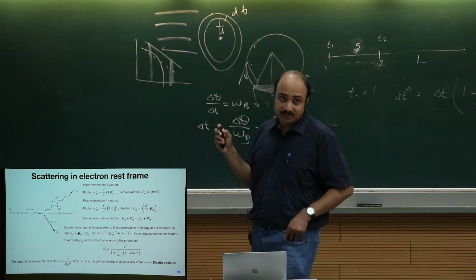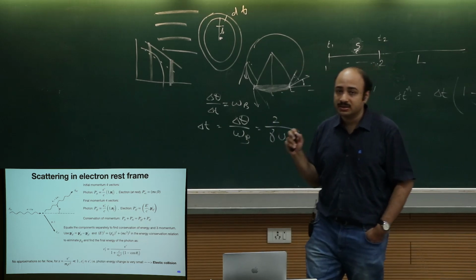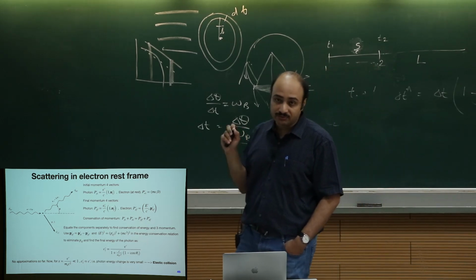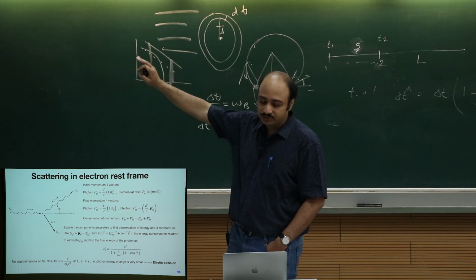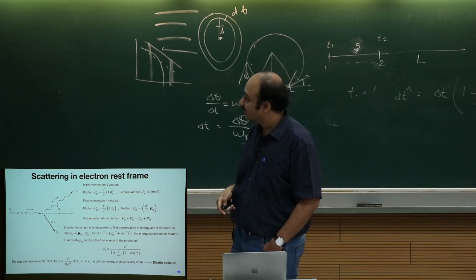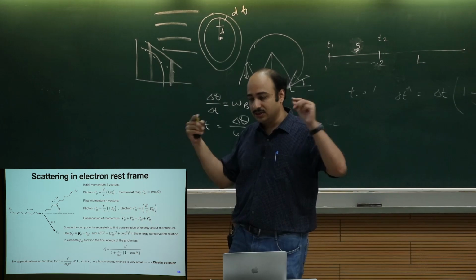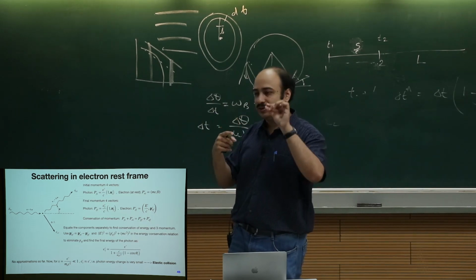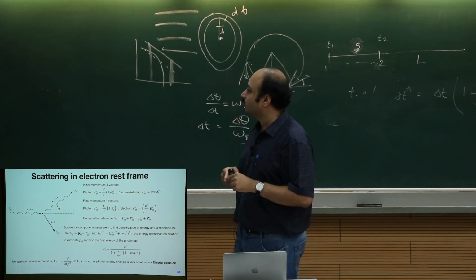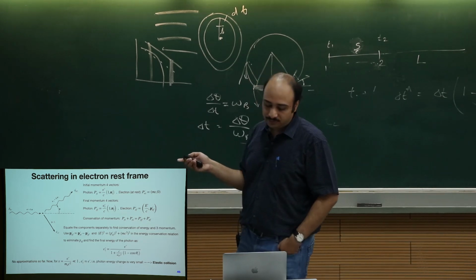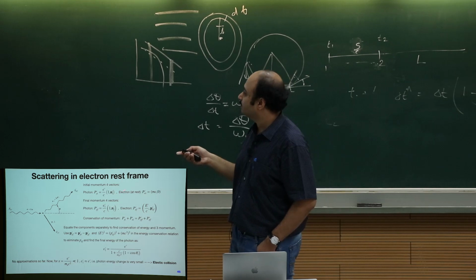Now, what happens if you go to a system where the charges have relativistic motion? So this was all non-relativistic. Then you actually have to consider the interaction or a collision of a photon. Now we go from a wave to a photon with the charged particle. So you write down the full four momentum.